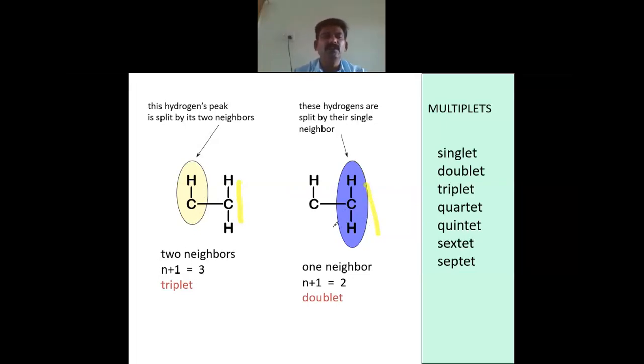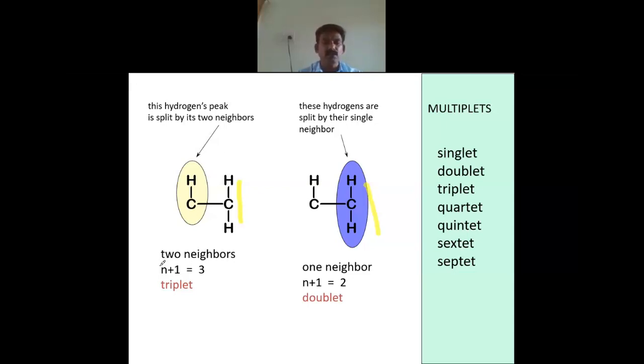So always you have to consider the peaks that will appear. This proton is affected by its two neighbors. According to the n plus 1 rule, n is equal to the number of neighboring protons.